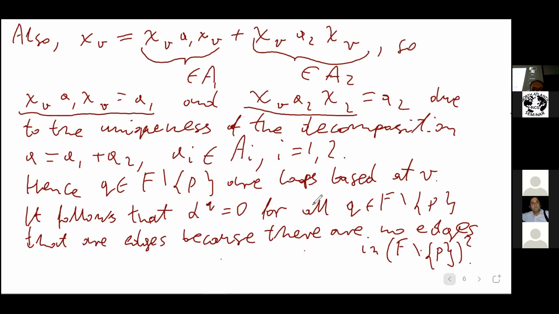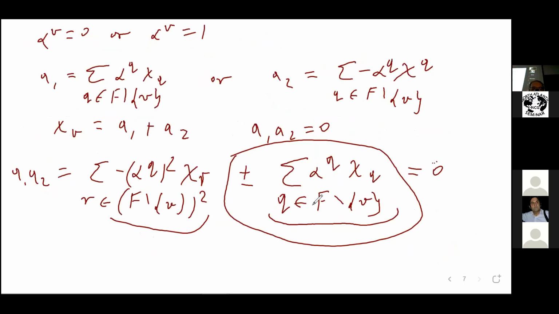It follows that alpha q is equal 0 for q in f less p. Well, now p is v. That are edges because there are no edges in f minus p squared. Okay, and this is by justification. So that was irrelevant. What was really relevant is the A1 and A2 still multiply to 0.